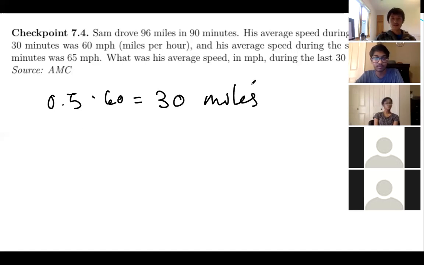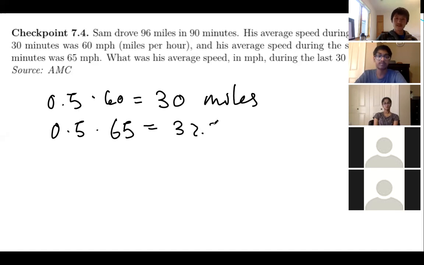And then during the second 30 minutes, he drives 65 miles per hour. So in that stretch of time, he drives 0.5 times 65 equals 32.5 miles.